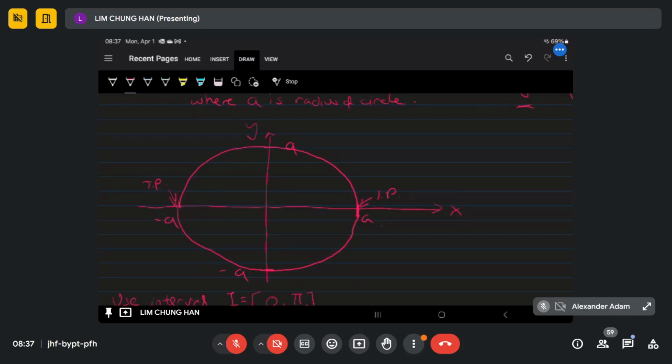Okay, now you have another dilemma. Actually, you cannot find the direction yet, right? Because from the initial point to the terminal point, you can either follow the circle at the top to get there, or you can also go the bottom way. Yeah, you can go up or go down.